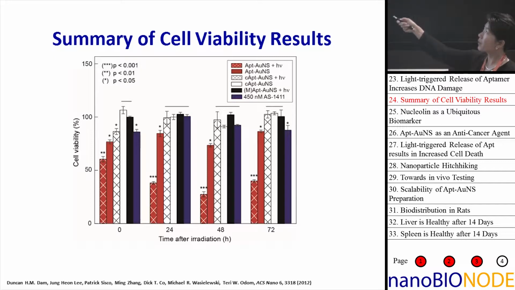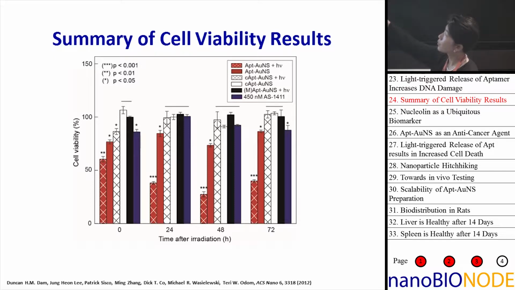So we compared a bunch of the responses from using light to release the drug, the particle itself. We have the controls here, and then we have a bunch of just free drug compared to the normal cells. And what I only want to focus on here is just what happens to 450 nanomoles of AS1411, which is this aptamer, compared to what happens when it's on the particle.